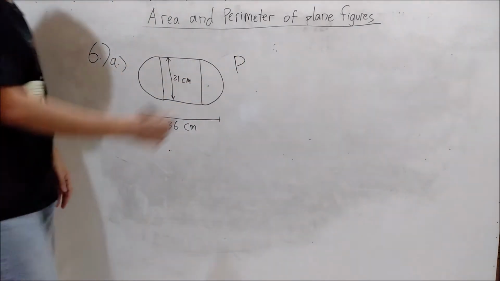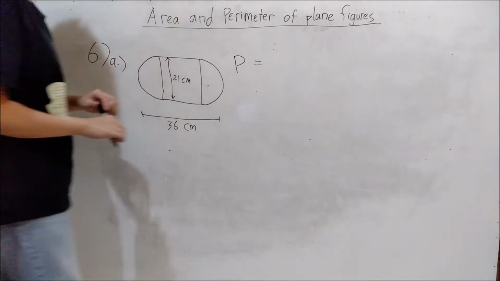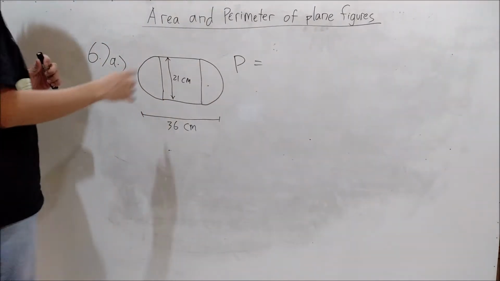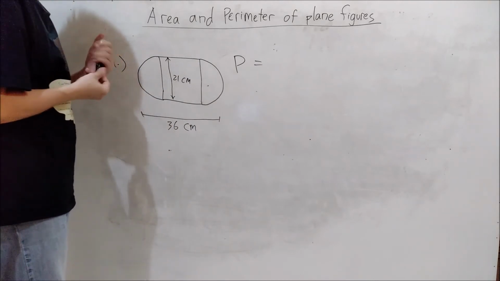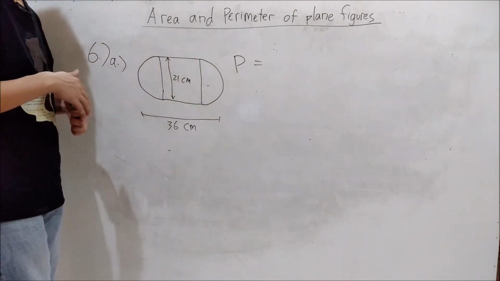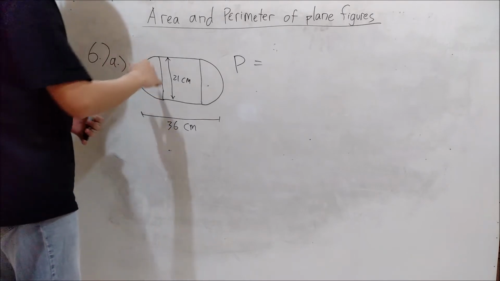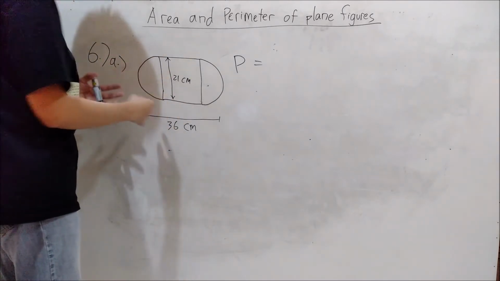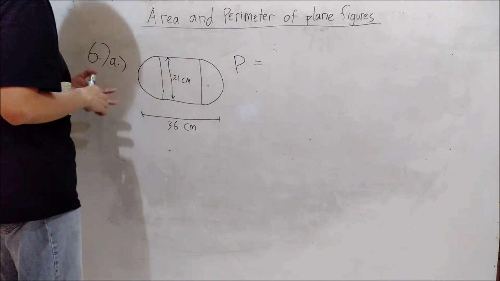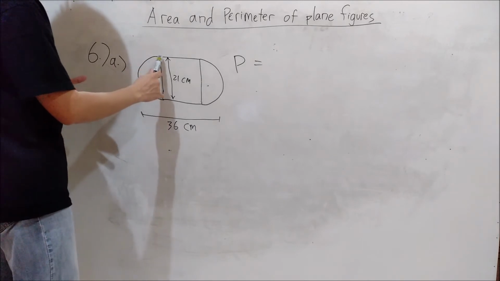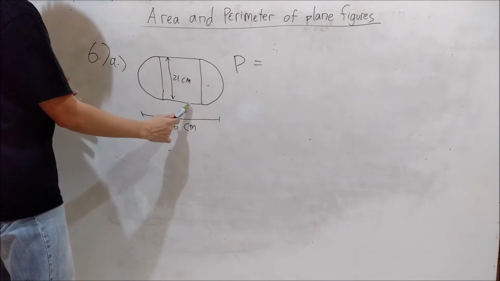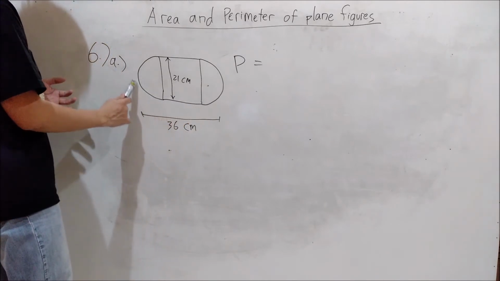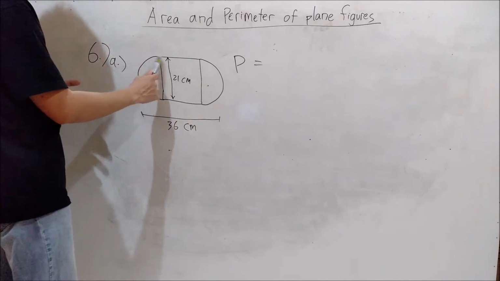To find the perimeter, you simply have to add up all the outer parts of the figure. Let's assume that this is a field, and you are asked to run around the field. How will you do it? You will start from one point, go all the way, turn around, go all the way, and turn around again until you reach your first point.